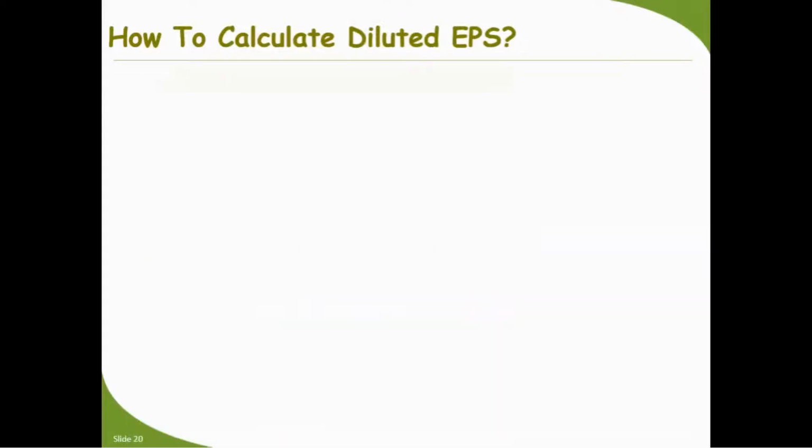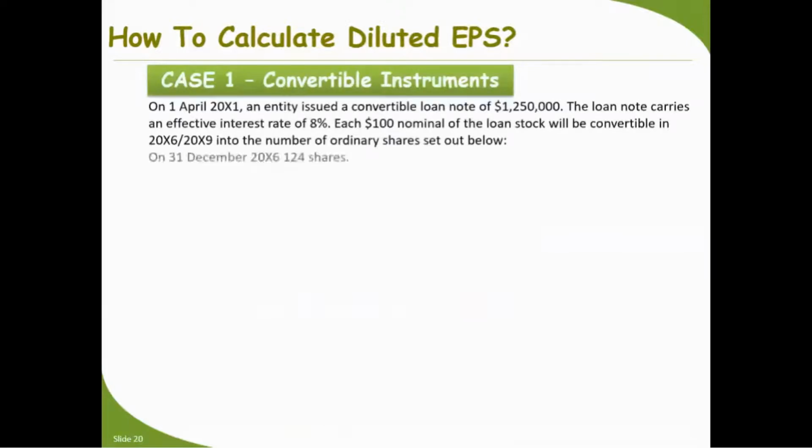Now, how to calculate diluted EPS, case 1, convertible instruments? Question: on 1st April 20X1, an entity issued convertible loan notes of $1.25 million. The loan notes carry an effective interest rate of 8%. Each $100 nominal of the loan stock will be convertible from 20X6 to 20X9 into the number of ordinary shares set out below.